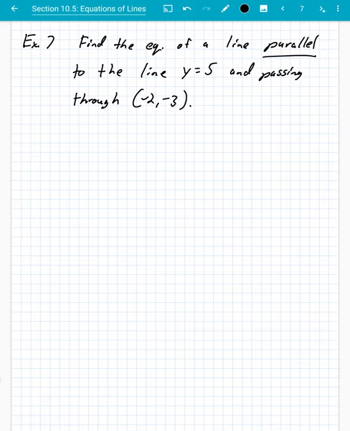So if we look at this, it's asking for another line, but it's parallel to this current line. So let's kind of graph this idea really quick.